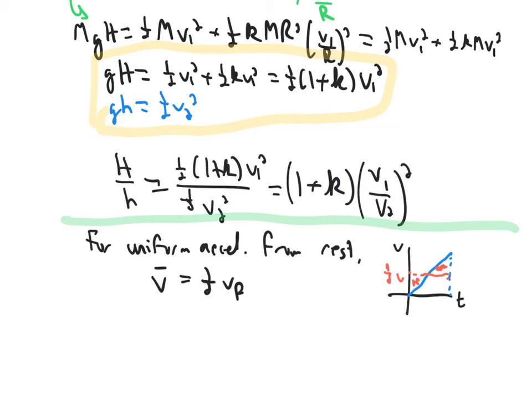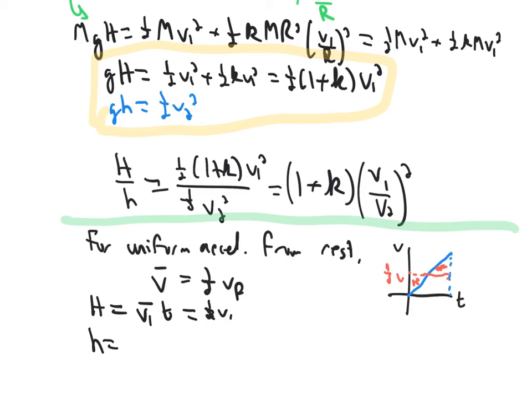And so we can go back here and say, well, each height is going to be the average value of the velocity times the time, because that's what the average velocity means, which in this case is going to be 1/2 of v1.